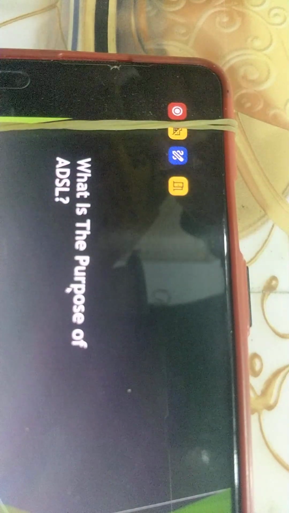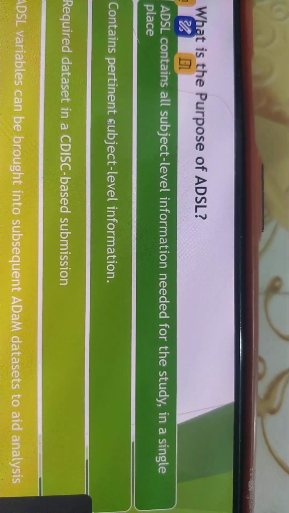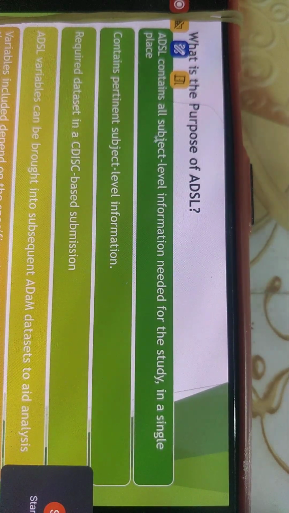First of all, what is the purpose of ADSL? The purpose of ADSL is that it contains all the subject level information needed for the study in a single place. Remember, subject level information is not only demographics.